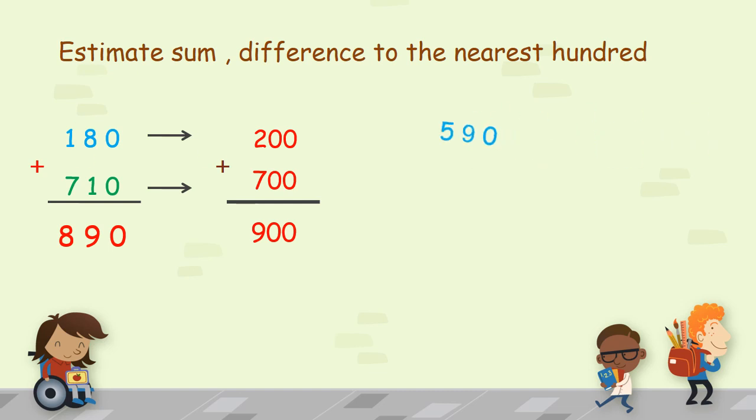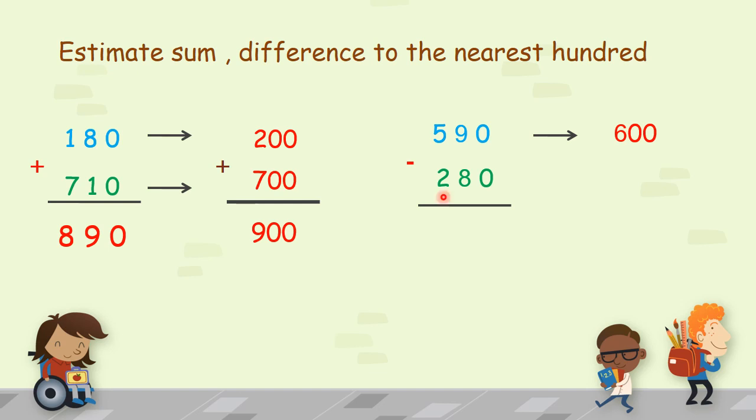Okay, let's do another example. 590 minus 280. Now, is he going to add or subtract? Now he's going to subtract. Now let's estimate. Are we going to round up or down? Yes, we're going to round up to the 600.